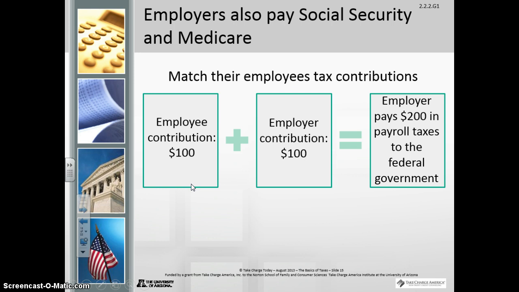Self-employed people must pay both the employee and employer Social Security tax and Medicare contributions for themselves. If you don't quite understand that, you may want to rewind and make sure you understand that before you move forward.